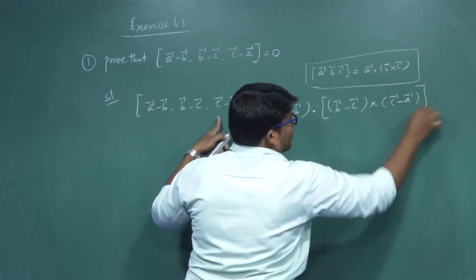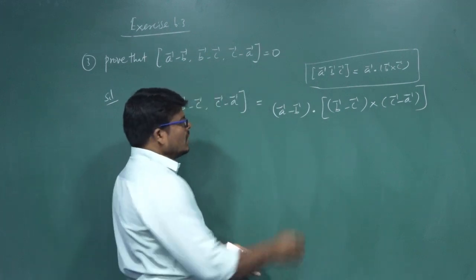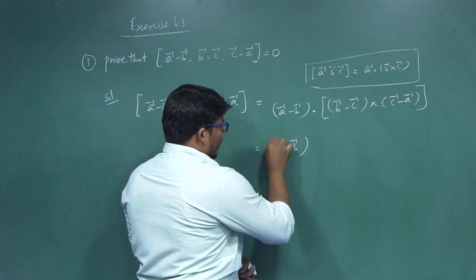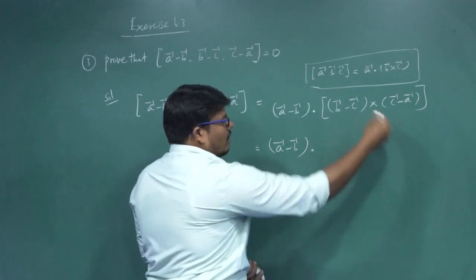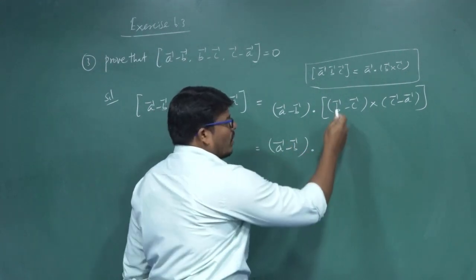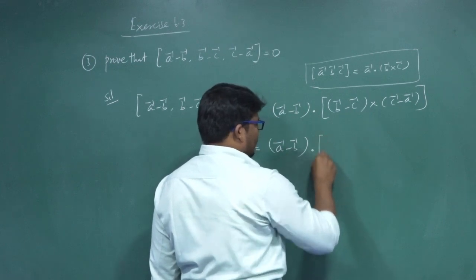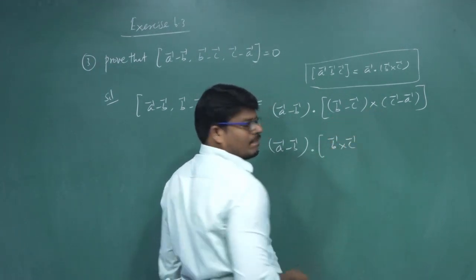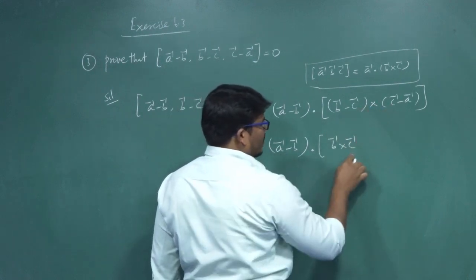First multiply this one, B vector cross C vector.